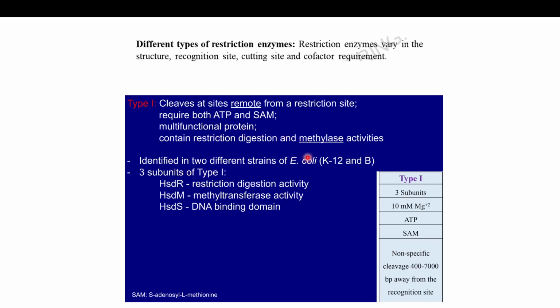These have been identified predominantly in 2 strains of E. coli, K12 and B, and type 1 enzymes have 3 subunits, R, M, and S, that we read about earlier. The R subunit shows restriction digestion activity. The M subunit shows methyltransferase activity so as to protect the self DNA and differentiate self and foreign DNA.